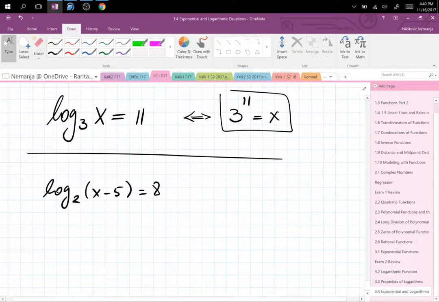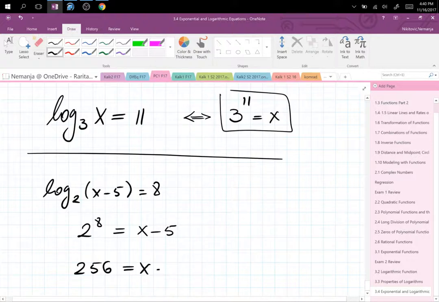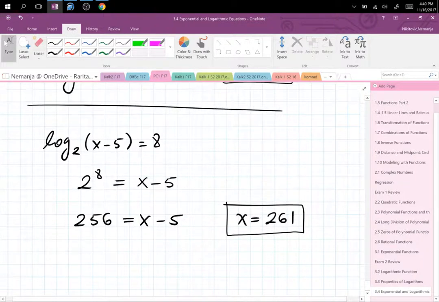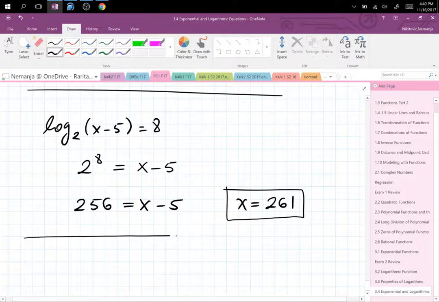Anyone? 2 to the 8 is equal to x minus 5. How much is 2 to the 8? 256. Equals x minus 5. So x is 261. Very quick, as you can see.